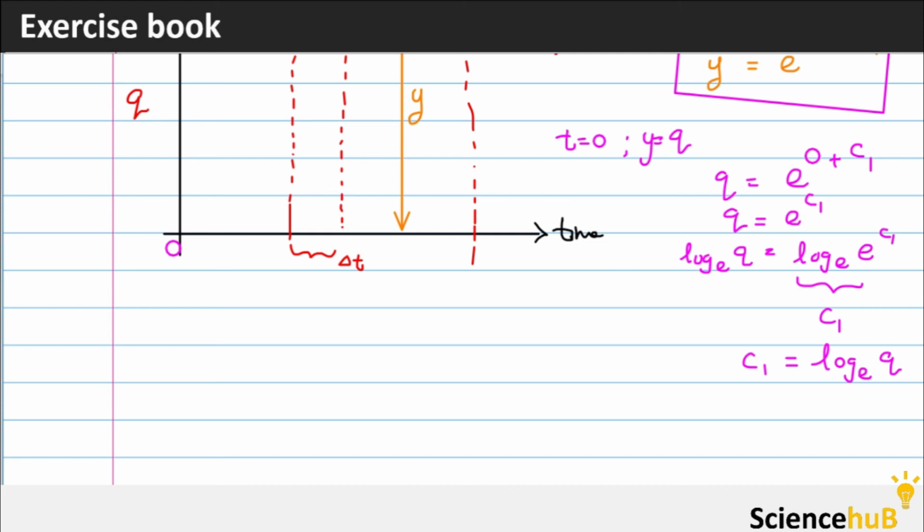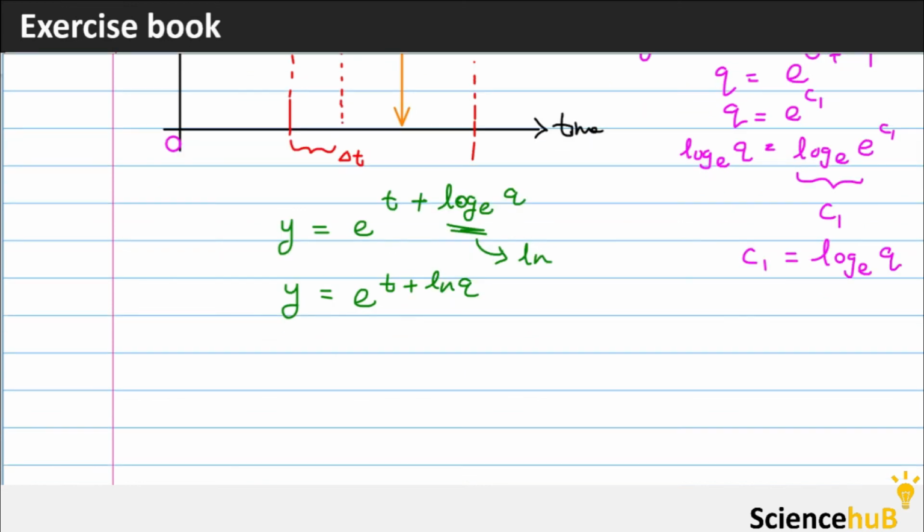Now we can say that Y is equal to e to the power T plus log E Q. We write this log E as ln, as I have mentioned in previous videos. Y is equal to E to the power T plus ln Q. Okay, now we can check whether what we have done is correct or not by substituting T equals to 1.